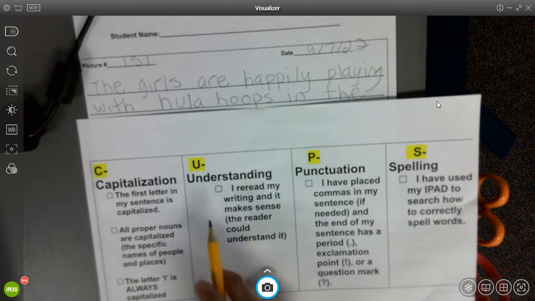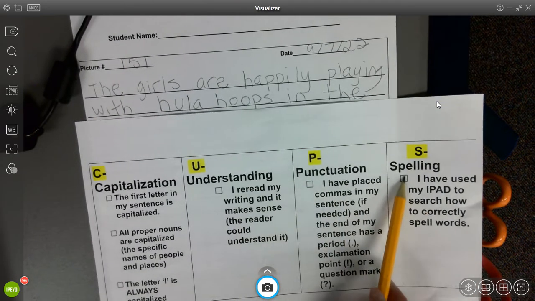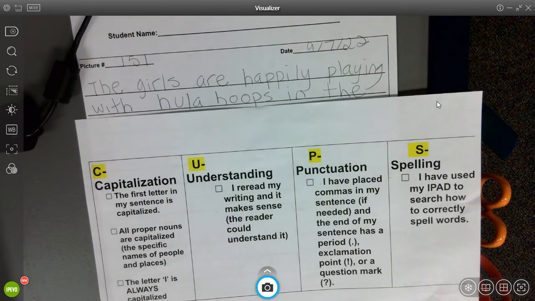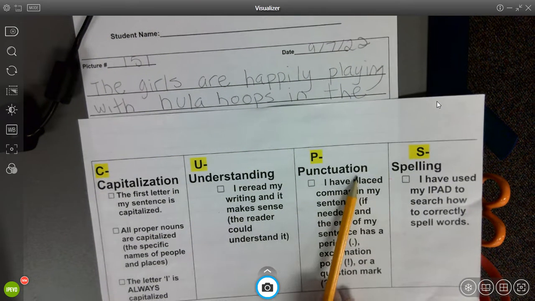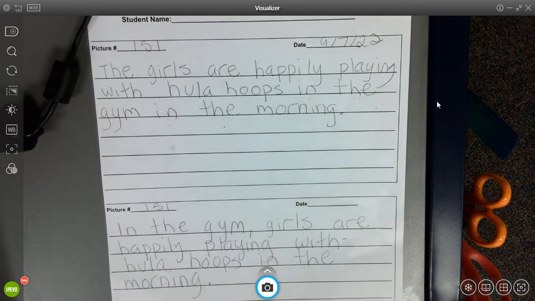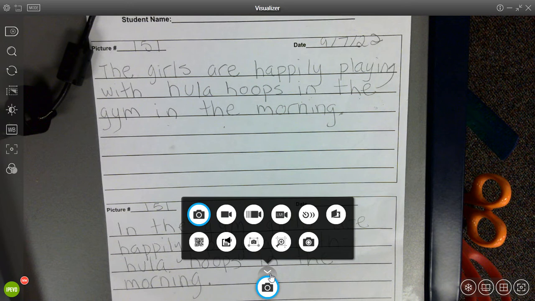Does my sentence make sense? Have I used proper punctuation? And have I used proper spelling? And remember, you can use your iPad to help you with spelling. So once I've checked my cups and I have my first sentence and my sentence variation, I am finished and I can go on to my next sentence. Remember, you need a total of 10 sentences.